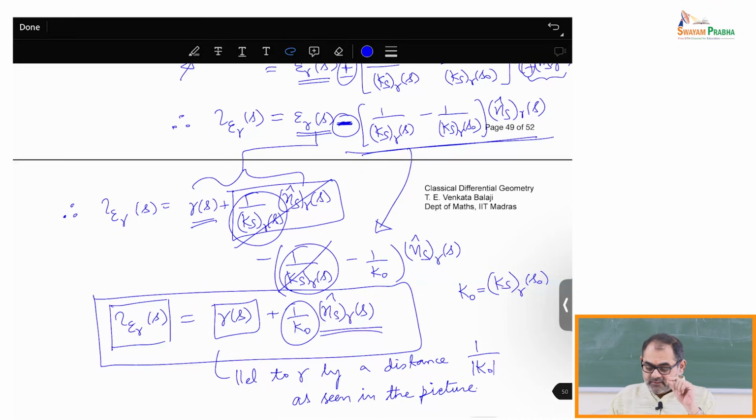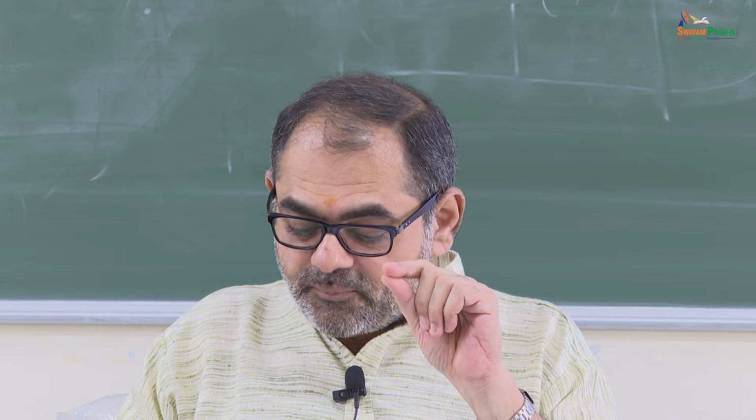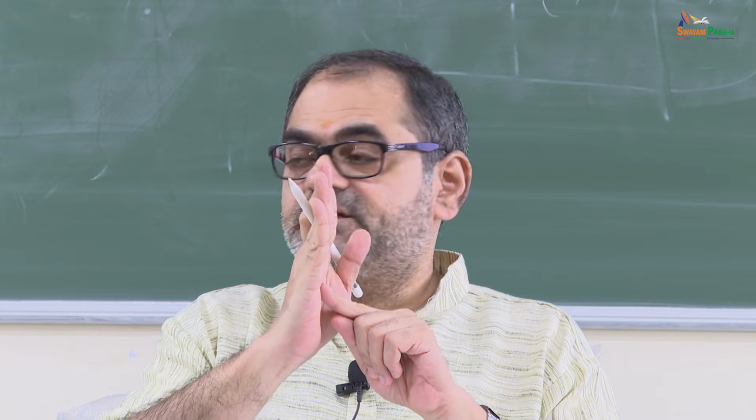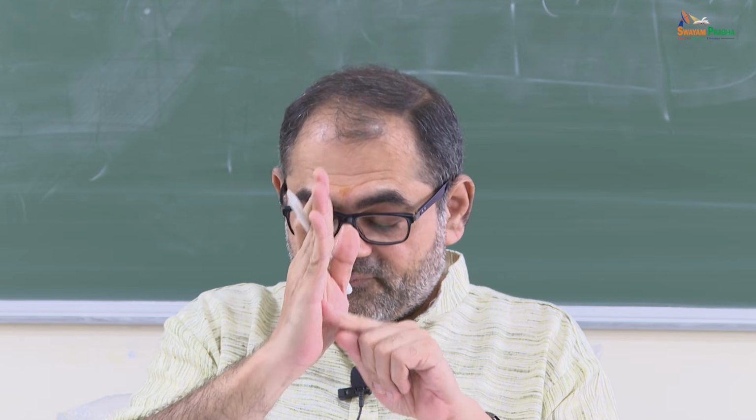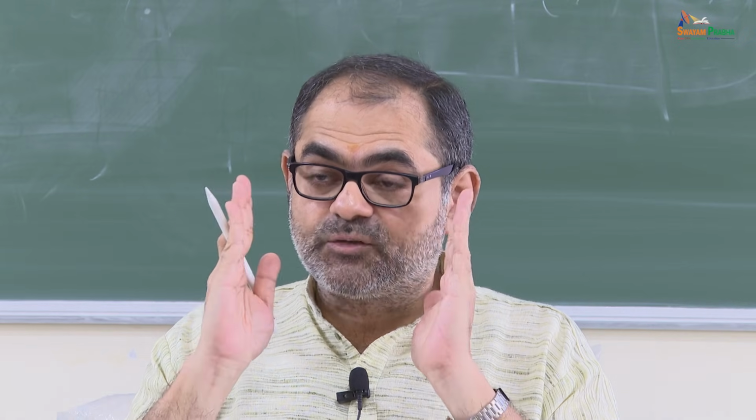For a parallel curve, it should be the original curve plus movement along the normal direction by a fixed distance. It should not be a variable distance. If you had got this 1 by ks gamma of s term, that's a variable thing. So you should expect these two terms to get cancelled, and the only constant that figures is this.